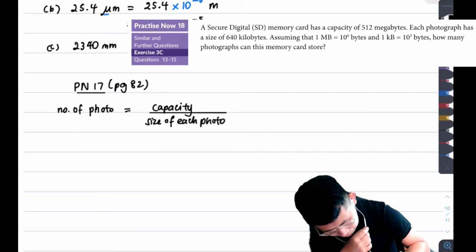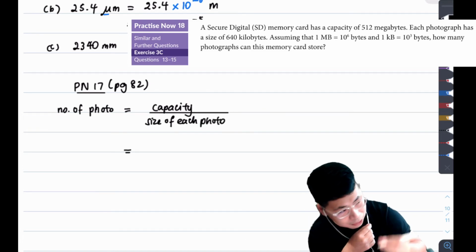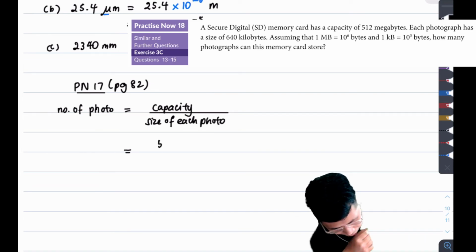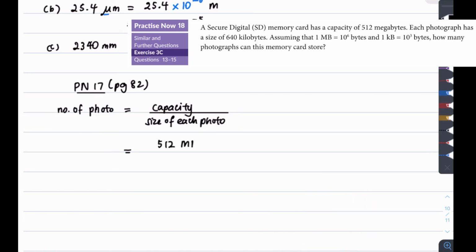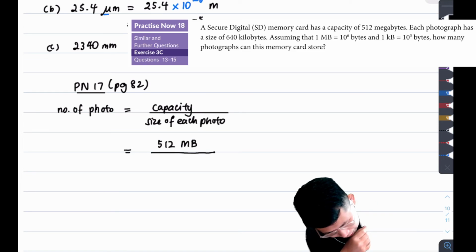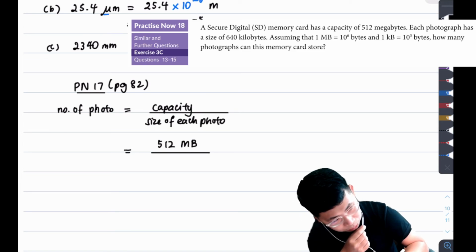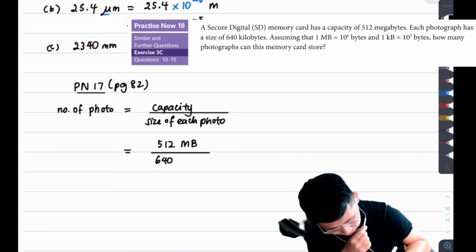So this makes sense, yeah? So how much capacity do I have? 512 megabytes. And then the size of each photo would be 640 kilobytes.